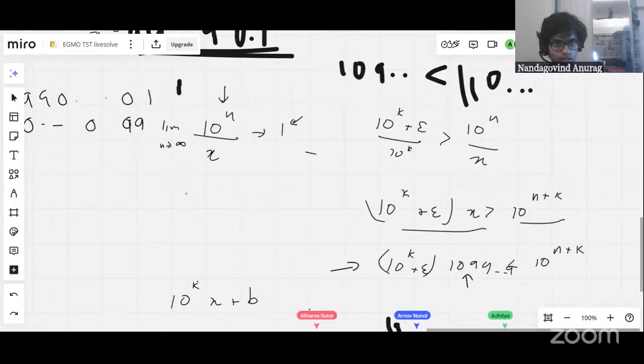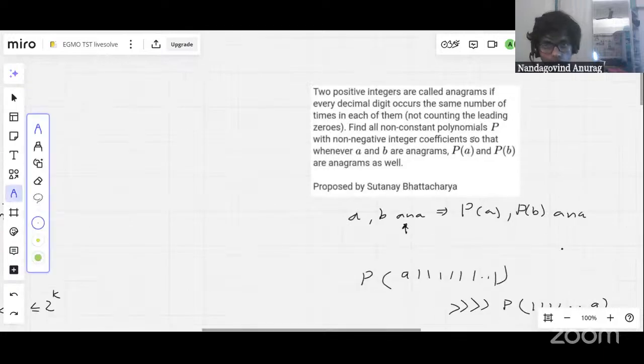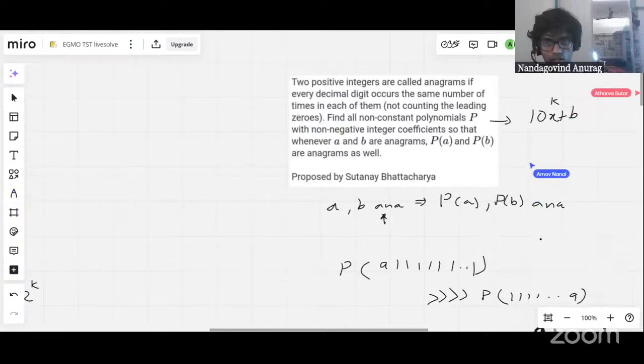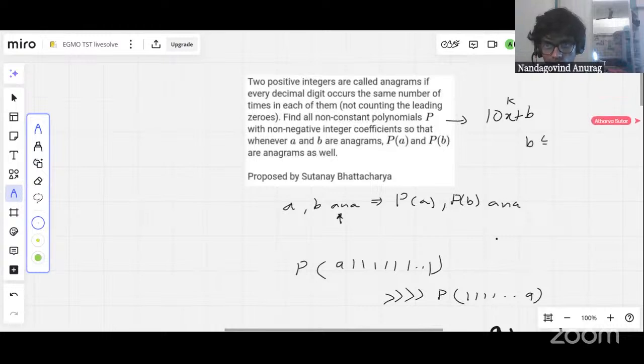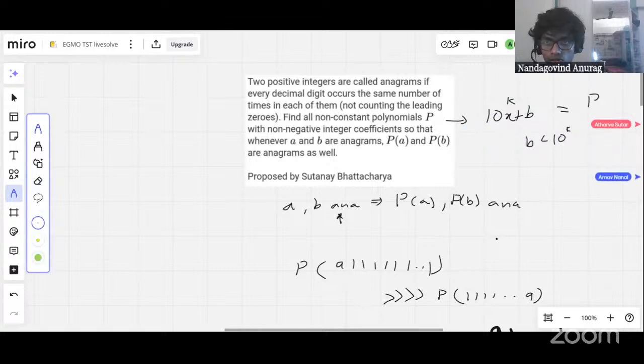So this one's nice. This will be all 10 power k times x plus b, where b is strictly less than 10 power k. And this is equal to p of x.